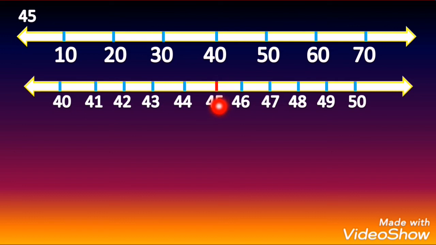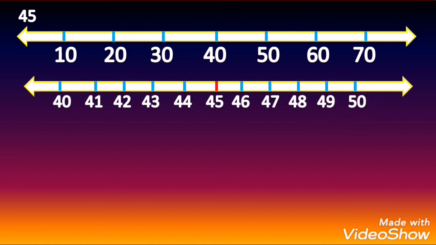How many steps will you take from 45 to 40? 1, 2, 3, 4, 5. Now let us see from 45 to 50 how many steps we take. 1, 2, 3, 4, 5.